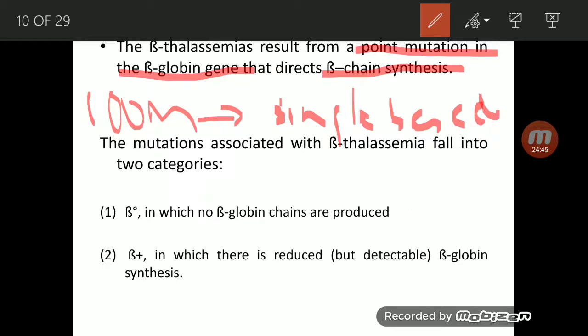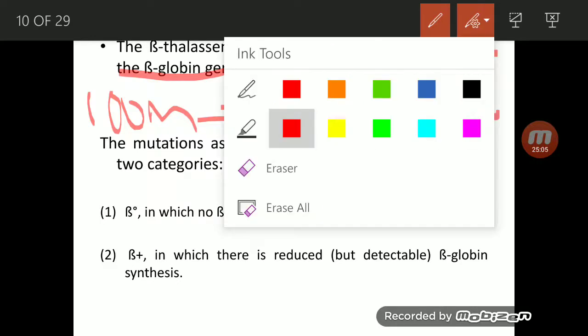Whenever we talk about point mutation, there are 100 different types of mutation seen, but the most common type of mutation that is seen in case of your beta thalassemia is single base change. Okay, there is going to be change in your single base of your gene, due to which you get an altered beta globin chain.